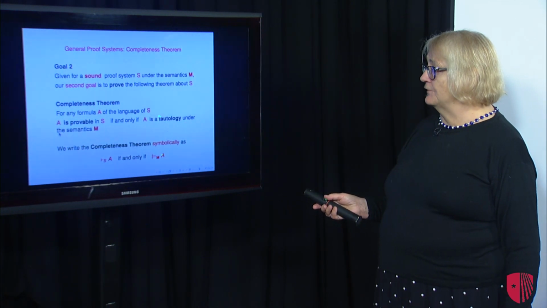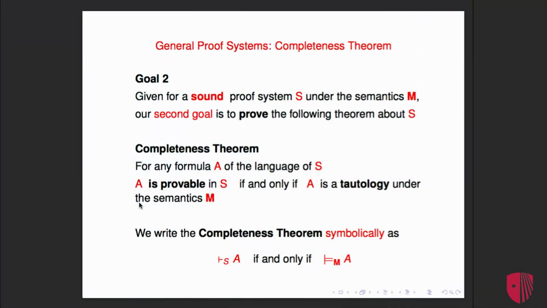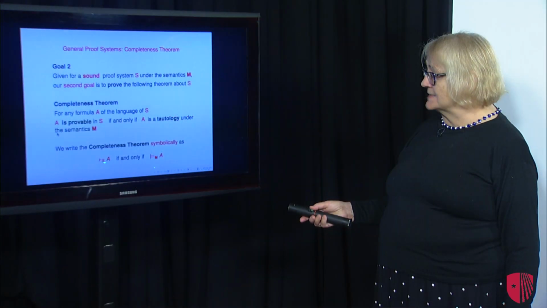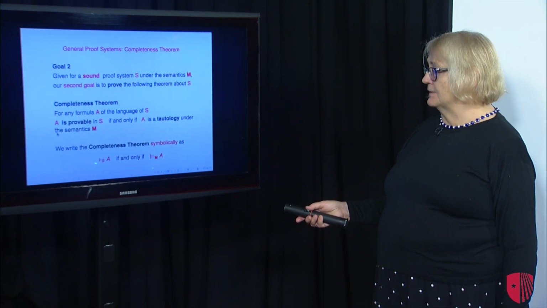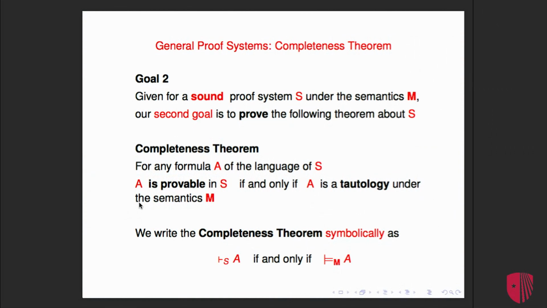For any formula A of the language, we say that A is provable in S if and only if A is a tautology, and symbolically, that is a symbol, A has a proof in the system S. The Completeness Theorem says that A has a proof if and only if A is a tautology of the semantics M.